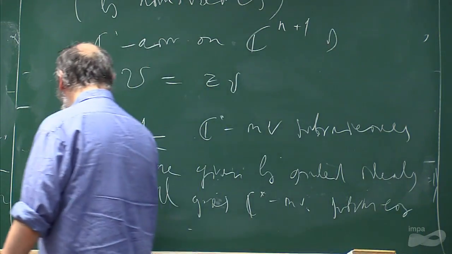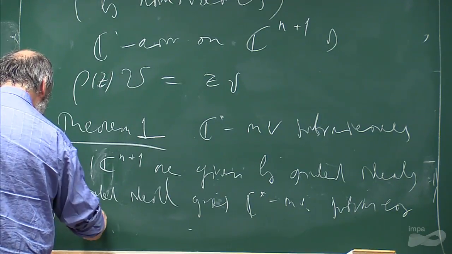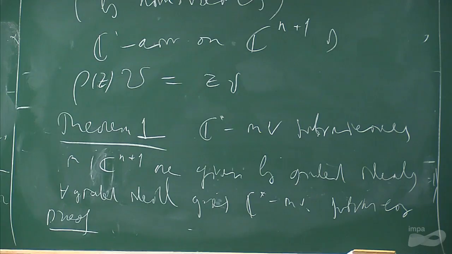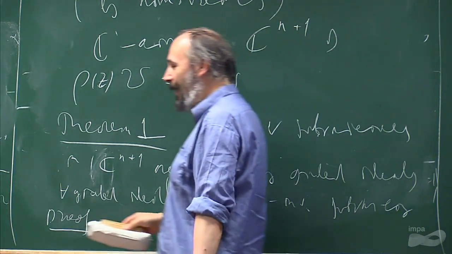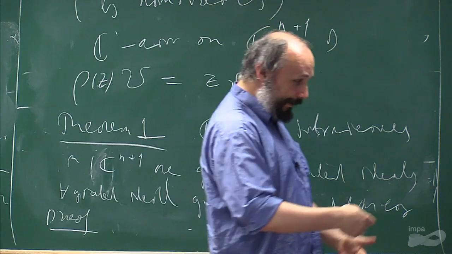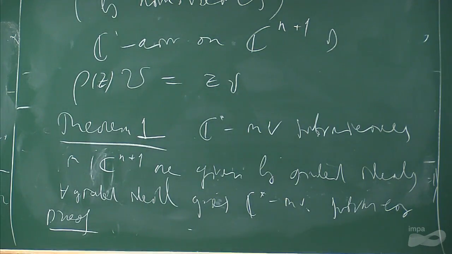So, proof. What does it mean? You have two categories: the category of rings, and the category of rings with C-star action. The ideals in the second category are precisely the graded ideals.